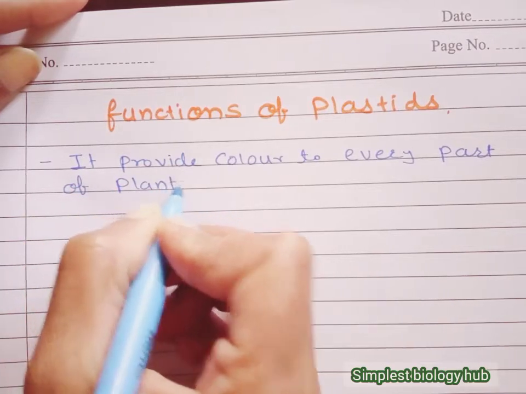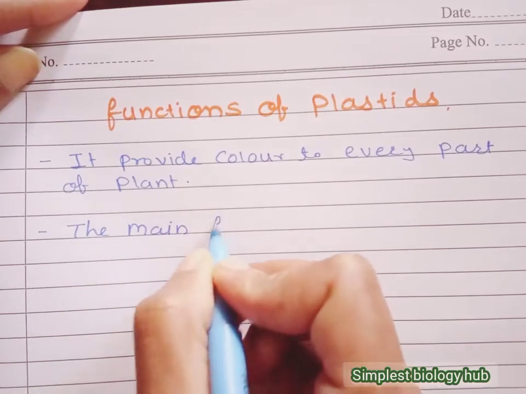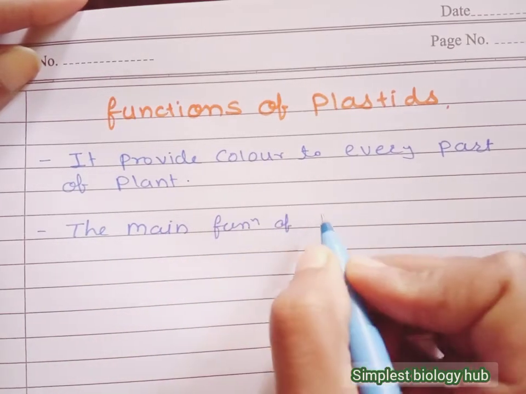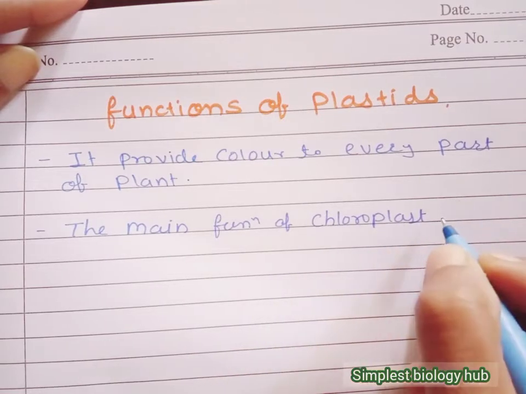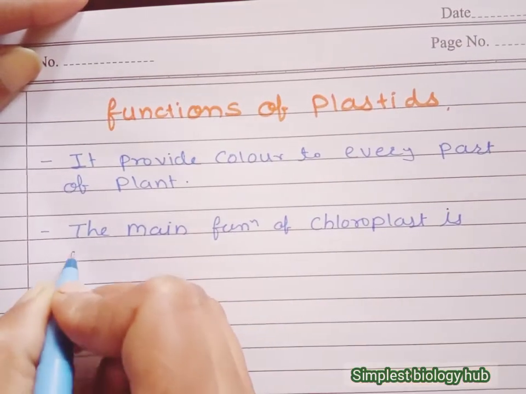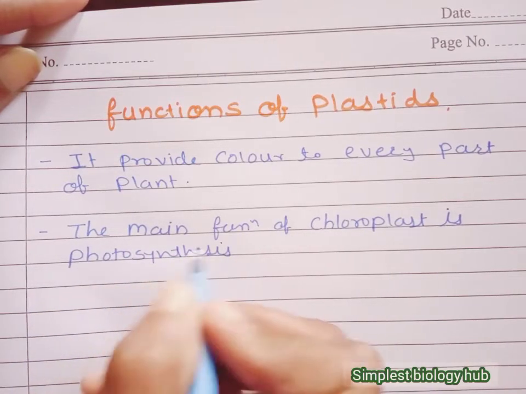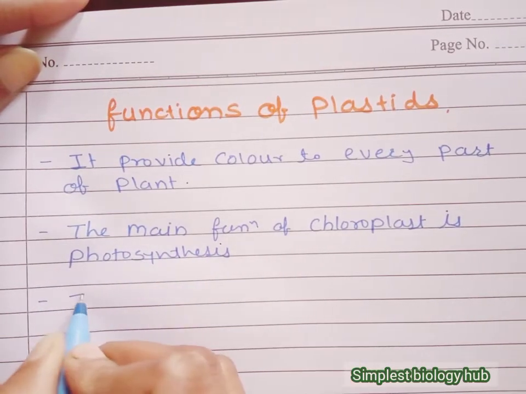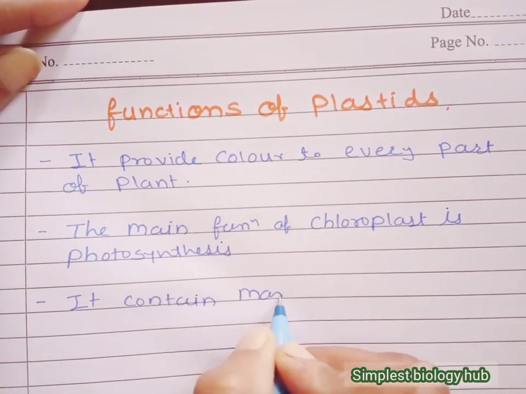The green color is provided by chloroplast, and the flowers' and fruits' color is given by the chromoplast. The second main function of the chloroplast is photosynthesis. We know that photosynthesis takes place inside the leaves because they contain chlorophyll.